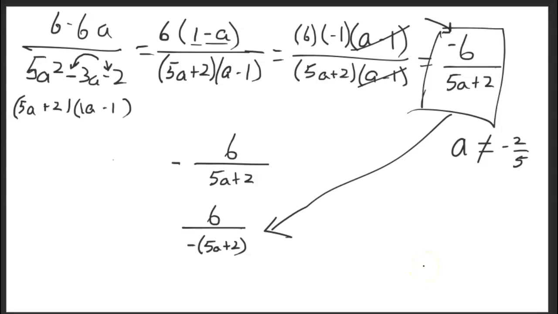Okay? Now, I want you to notice that just before the written exercises on page 160, it says in bold, hereafter in this book it will be assumed that the replacement sets of the variables in a fraction include no value for which the denominator is 0.